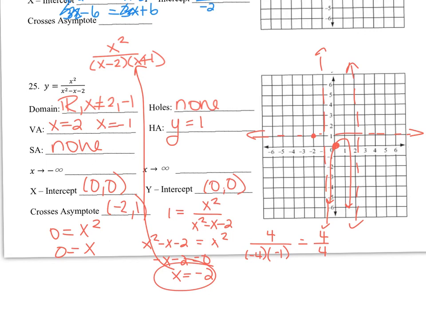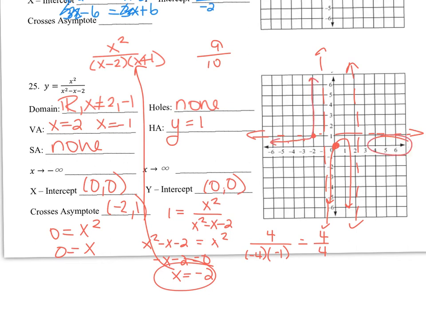So let's plug in negative 3 to see where it would go. If I plug in negative 3, I get 9 over negative 5 times negative 2, which is 10. So that's going to be like there. That means it's crossing like this.